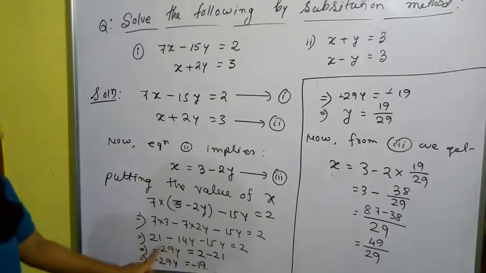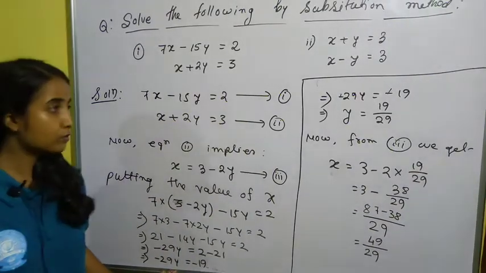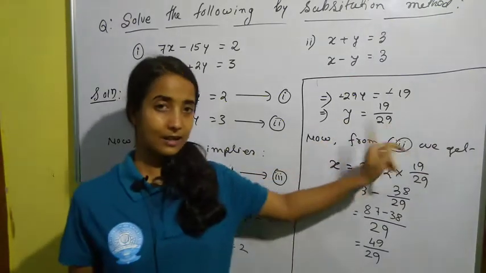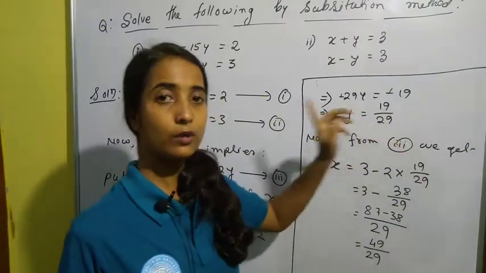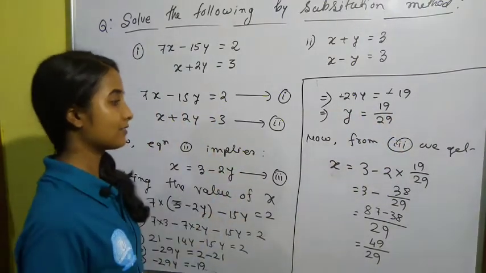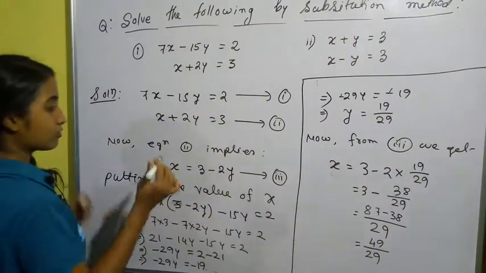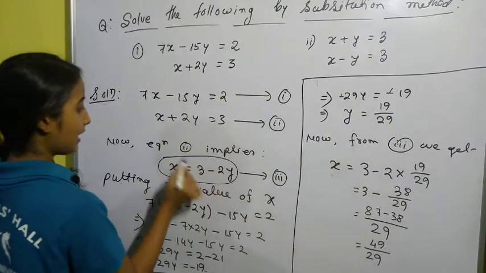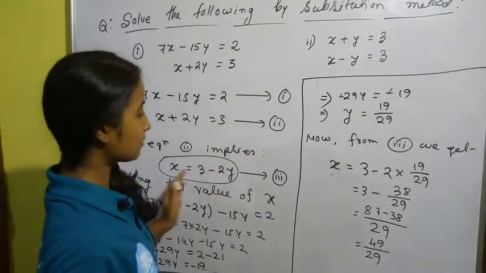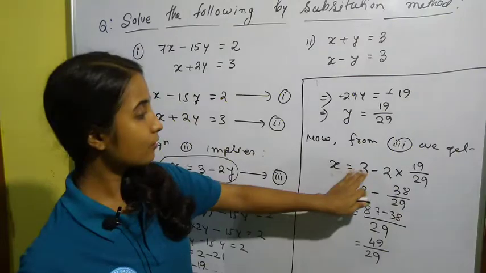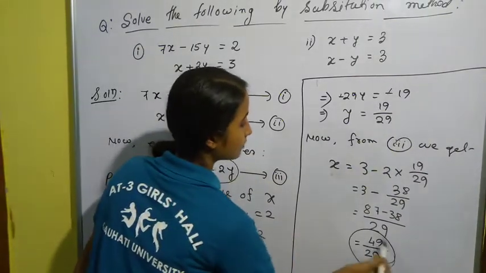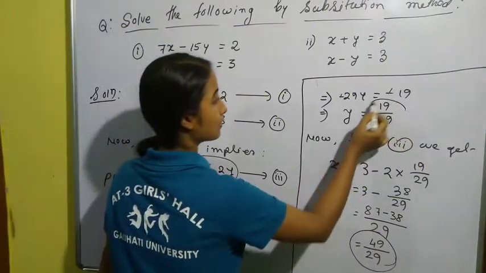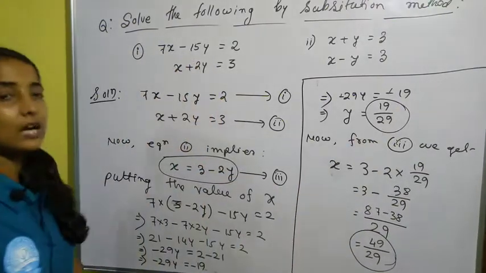So this is the calculation, and y is equal to 19 by 29. Whenever we get the value of y, we can find the value of x from the equation number 3, because here x is equal to 3 minus 2 into y. So x is equal to 49 by 29 and y is equal to 19 by 29.